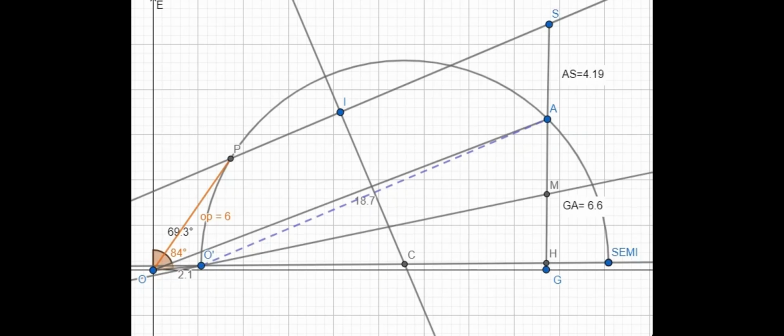Now OP is measured as 6 centimeter, and 1 centimeter equal to 10 ampere. That means it comes out to be 60 ampere.